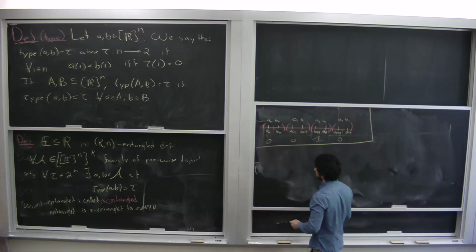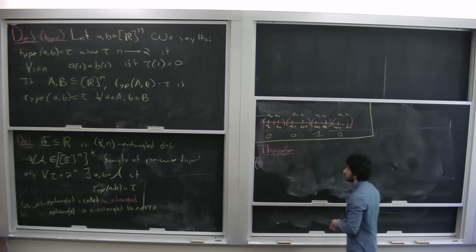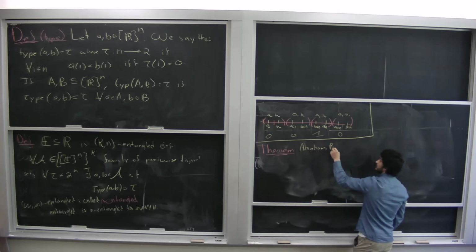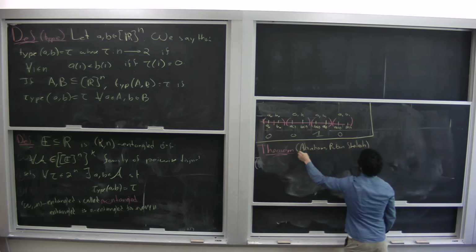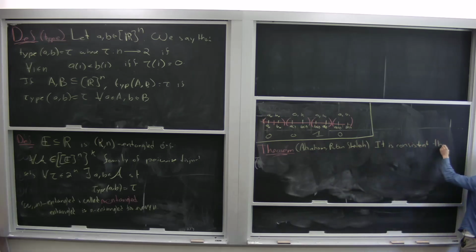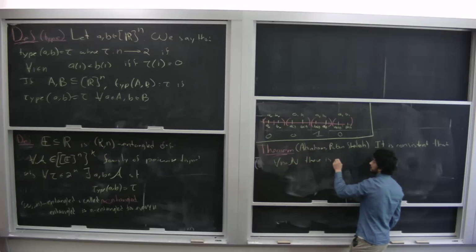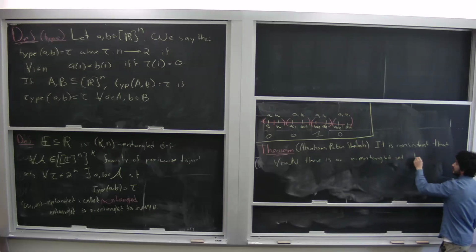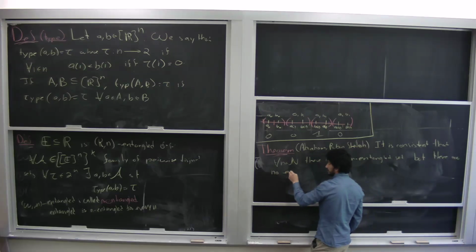So it is a theorem of Abraham, Rubin, and Shelah that it is consistent that for every n in the natural numbers, there is an n-entangled set but there are no entangled sets.